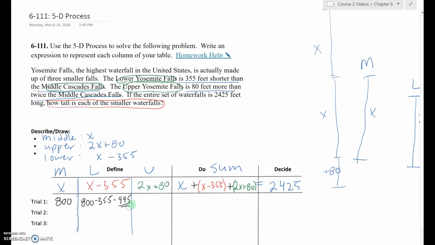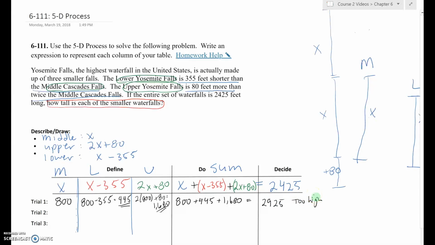Then doubling 800, 2 times 800 is 1,600, plus 80 is 1,680. Let's add those 3 together: 800 plus 445 plus 1,680 equals 2,925. That is too high.